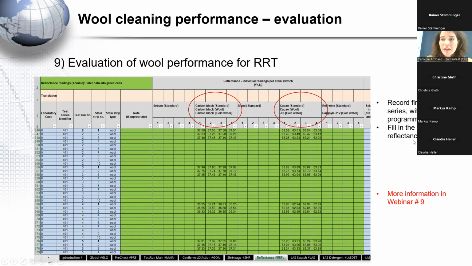And then you fill in the unwashed reflectance values, and then the washed reflectance values. So for carbon black, you see here, it's valid for standard stain strips, for the wool stain strip, and for the cold water stain strip. And then cacao is the second stain you will use for the wool stain strip. I think more information will be given on that by Markus in webinar number 9.